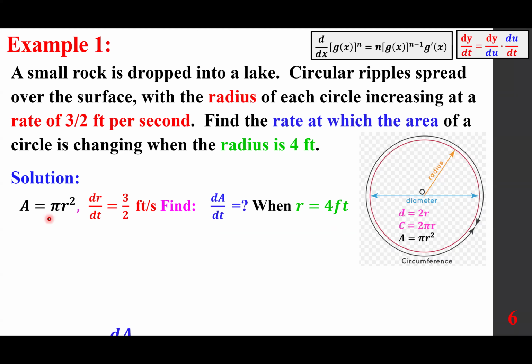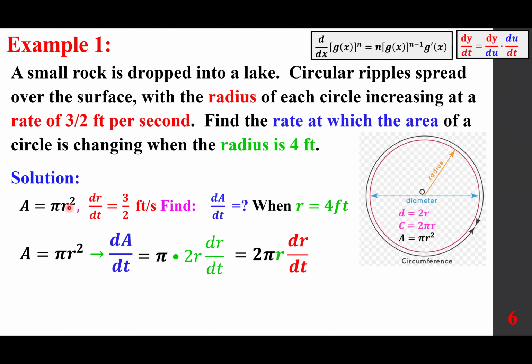So A is pi r squared, and dA/dt is pi. Pi is just a coefficient, a number. Now you want to differentiate r squared to 2r dr/dt, or 2 pi r dr/dt.